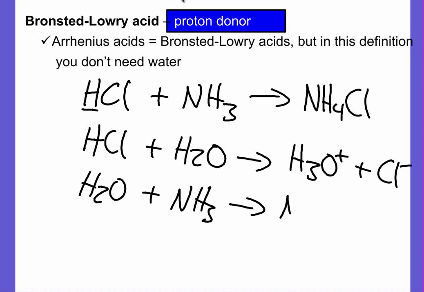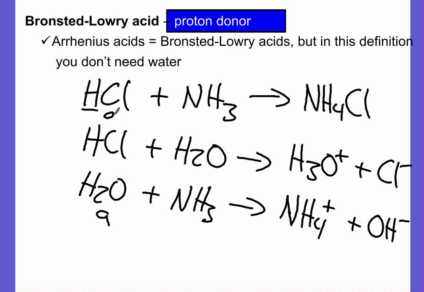Heck. But if you look at this in context of Bronsted-Lowry acid, that definition, what thing, the water or the ammonia, donated a proton? The water did. So the water is an acid in this context. It's a Bronsted-Lowry acid.